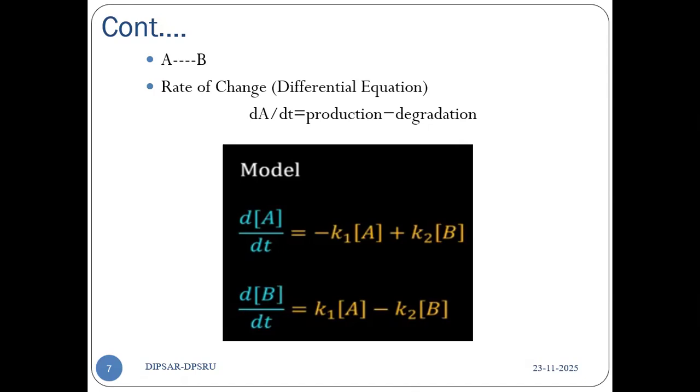On your screen, for example, there is a protein A and it is changed to protein B. If you want to calculate the rate of change of these proteins, you can do it by applying simple differential equations: dA by dt, that is the change in the level of these proteins. Obviously, it will be the productions minus degradations.